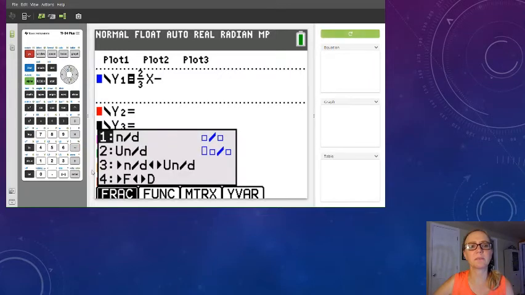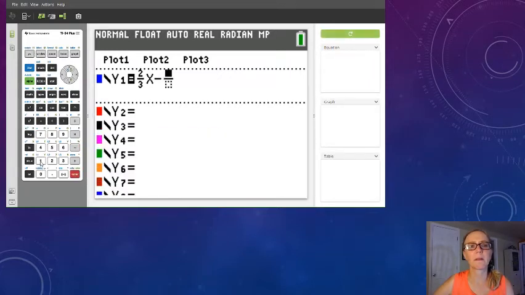Build that fraction. So 1/3, oops. So we're going to delete that. I need to do 1 and then down arrow 3. There's my 1/3. And now I hit graph or zoom 6, one of the two.